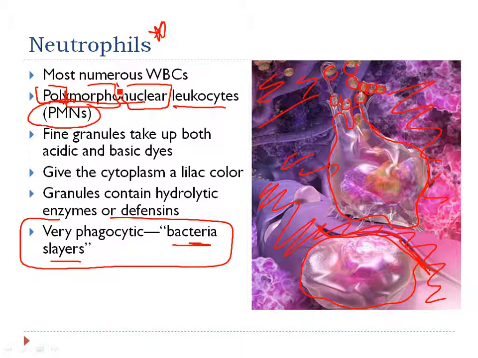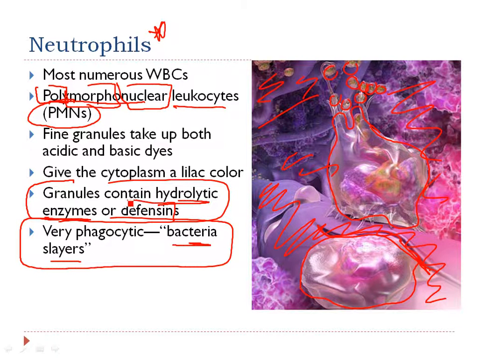They are granulocytes, so they have little membrane-covered packages inside them that are loaded with hydrolytic enzymes. Those are going to digest all of these different organic molecules that microbes are composed of.